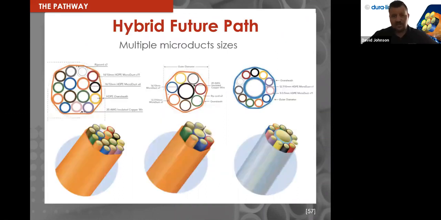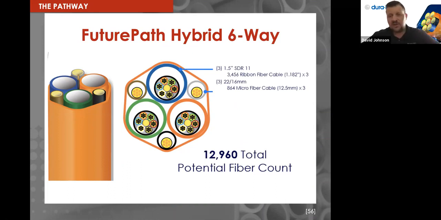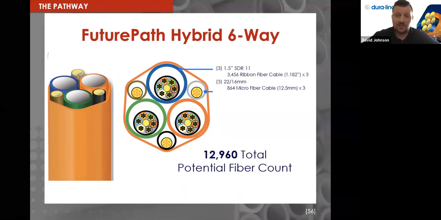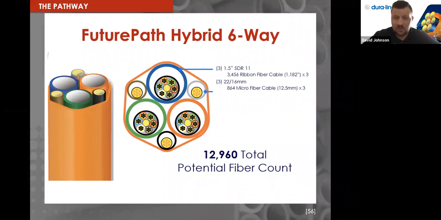Here are some other configurations, but before I go into that, it's also important to understand the main reason we made this hybrid FuturePath is really to replace 4-inch conduit. People who are placing 4-inch in the ground are paying their contractors to place that 4-inch, and they're using it as a place saver. Because later they're going to put multiple fibers in there, or they're going to come back in and pull 3 1/4 or 4-inch conduits inside of it, which is a 2-step process where you're paying the contractors twice to come out and add capacity.